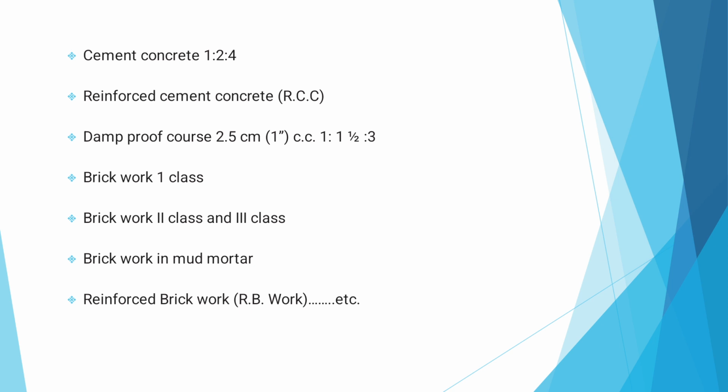Then next, plastering, cement mortar or lime mortar. Then next one, pointing, cement or lime mortar. The next one, lime punning, and next one, 2.5 centimeter cement concrete floor, and 15th, mosaic or terrazzo floor, and 16th one, brick on edge or brick flooring over 7 centimeter lime concrete.